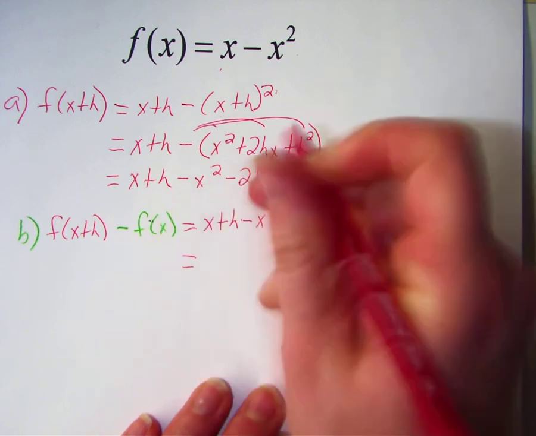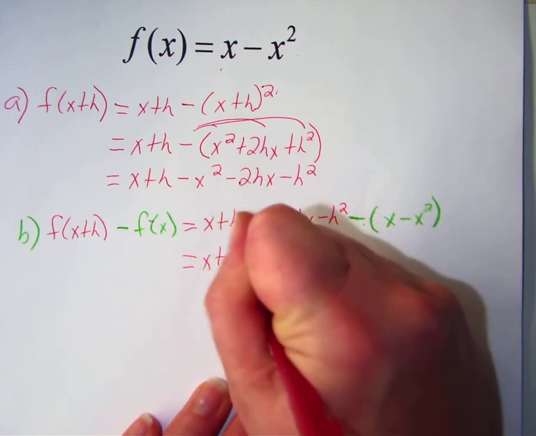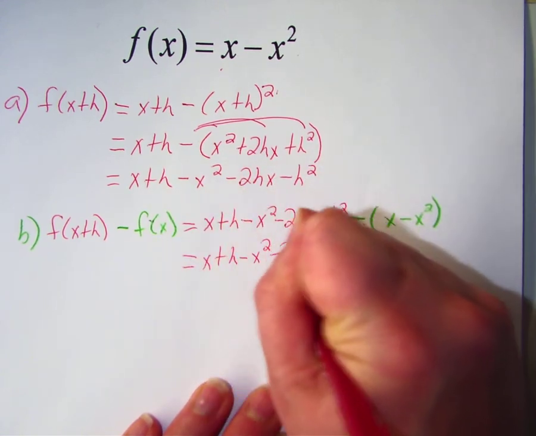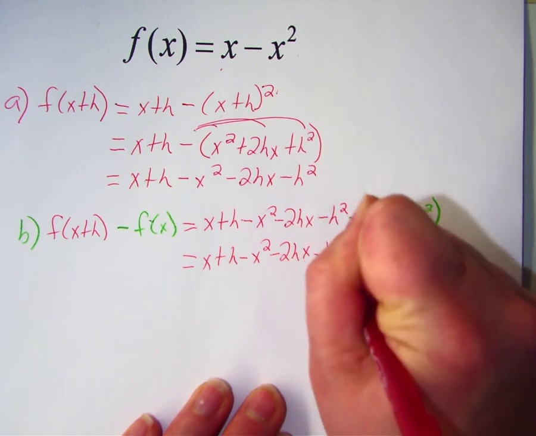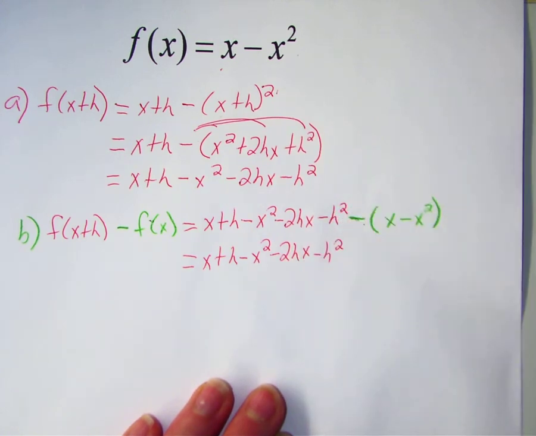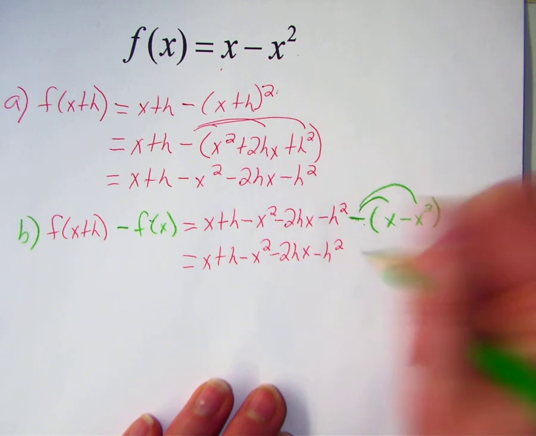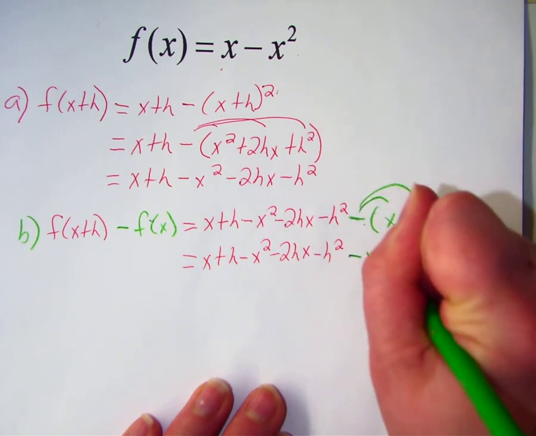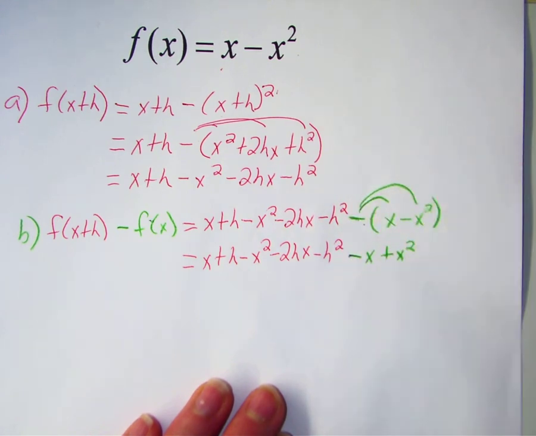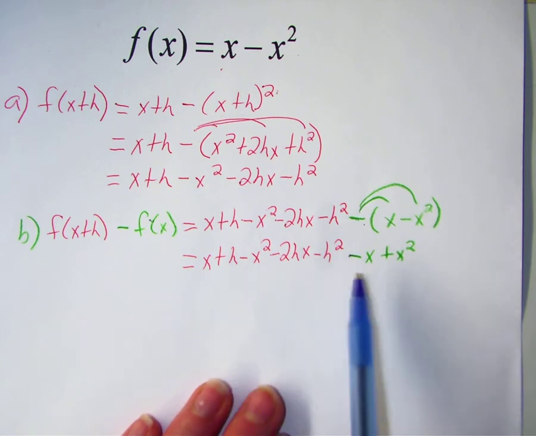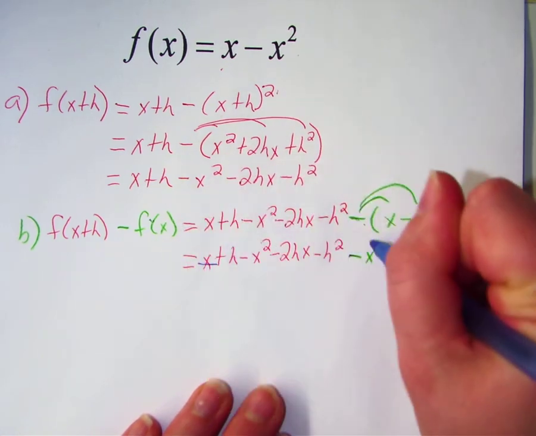I bring down everything that's already been simplified. Distribute this negative to both of those terms. All right, and then combine like terms. So I've got an x and a negative x. They cancel.